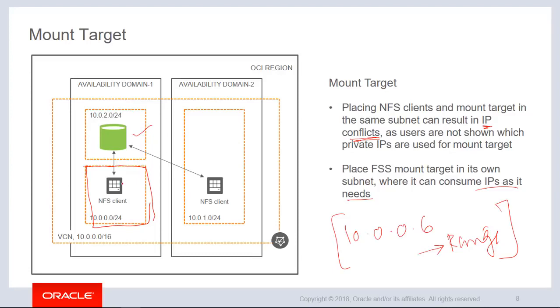And for this NFS client, when you instantiate the instance, you can choose to give it a specific private IP address. In those kinds of situations, you can run into IP conflicts. So good practice, just separate out the subnets. That way you will ensure that you don't run into IP conflicts.